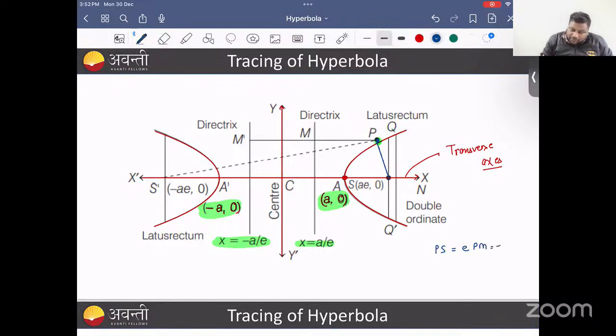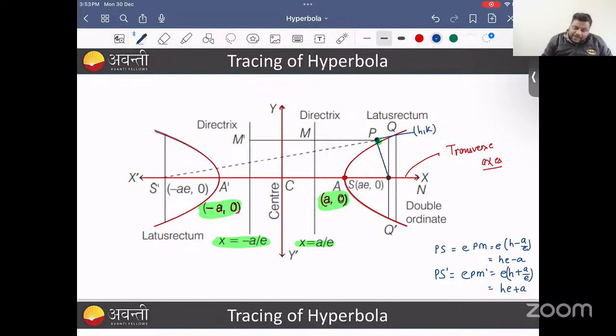So that will be what? e times... now, if this point P is (h, k), what is PM? PM is going to be h minus a upon e. So that is he minus a. And PS dash is e times PM dash, that is e times h plus a upon e, that is he plus a.